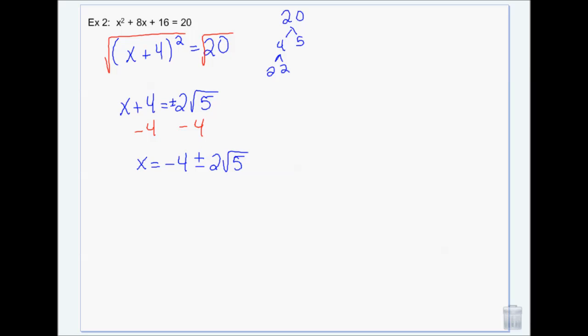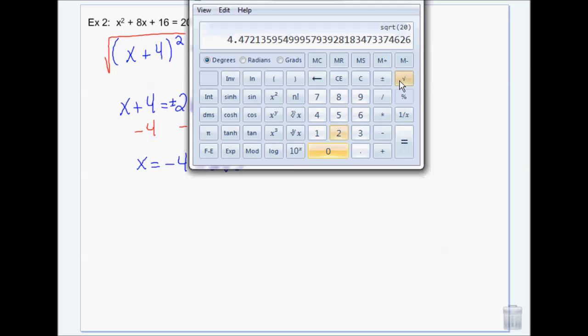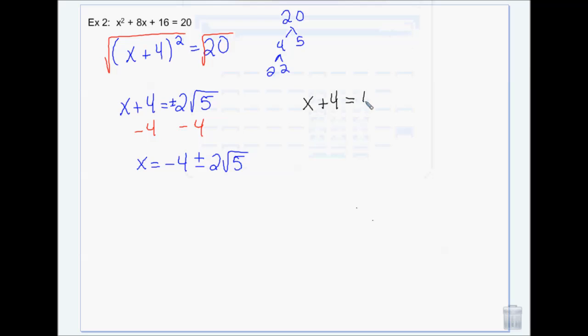Again, if you don't like this, you can take the square root of 20. And you can subtract 4 from both sides. Don't forget though, it's still plus or minus.